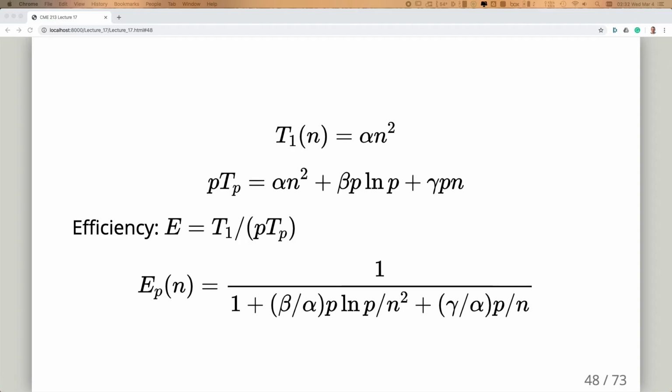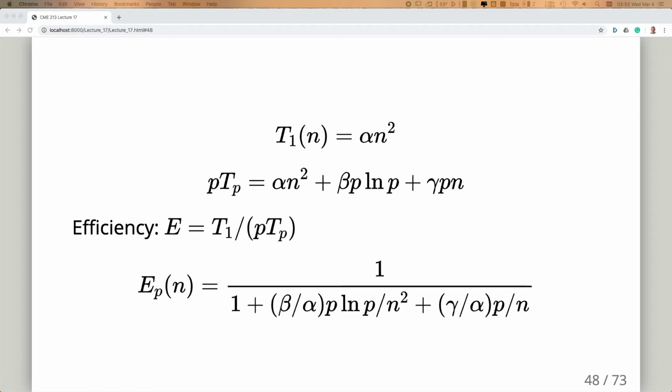the main question we're after is the concept of isoefficiency. What isoefficiency means is that if you look at this formula and, for example, you increase P, you see that the efficiency goes to 0. This is what we said: if you assign more processes to your calculation, the efficiency has to go to 0.